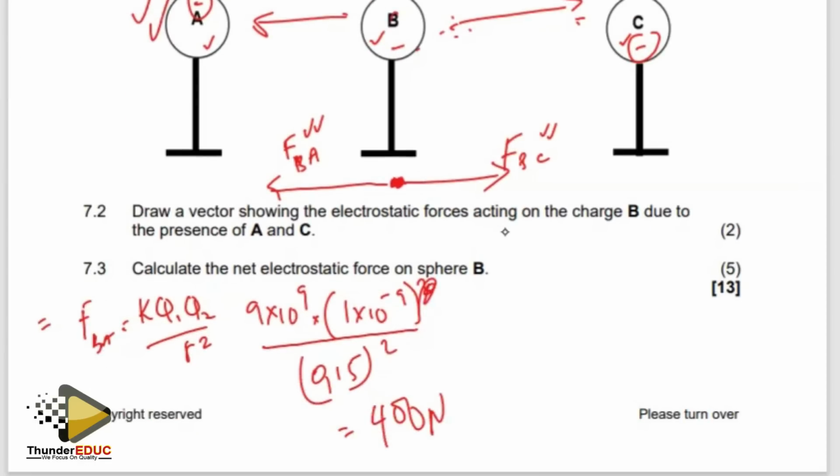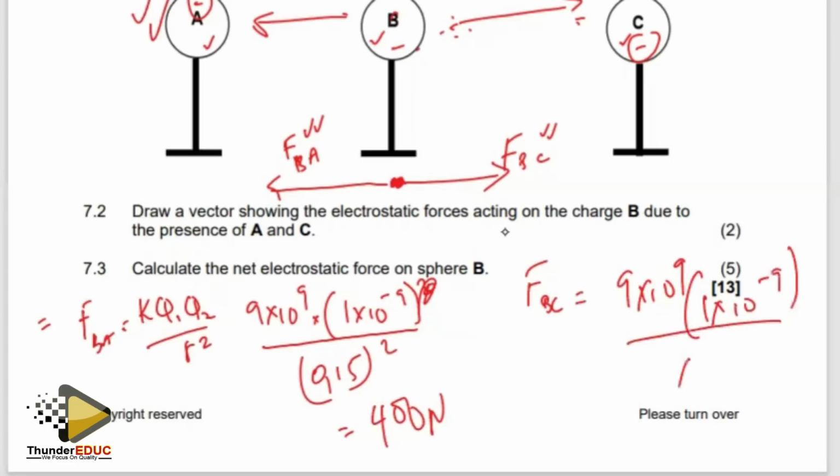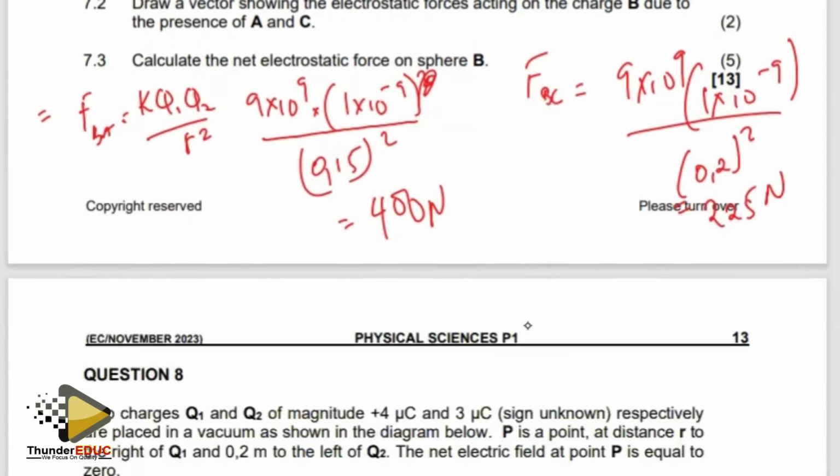Then if I look at that other force, the BC, I'll do the same thing. The only difference that's going to change is just the distance of separation. So 9 times 10 to the 9, multiplied by 1 times 10 to the negative 9 over 0.2 squared. Okay, if I do that, I'll end up with 225 newtons. Now, the fact that both forces are acting in opposite directions, then I'll have to subtract.